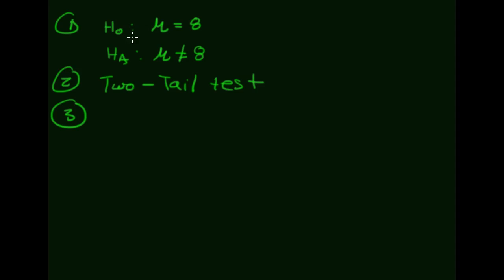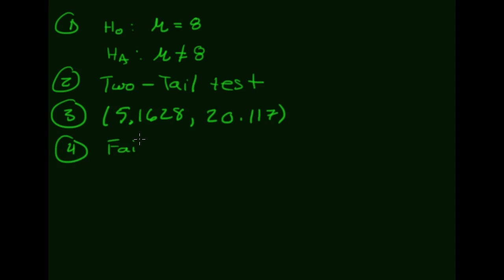Let's transfer that number over and see how well that works against our claim. The interval we got here was 5.1628 to 20.117. We fail to reject the null because 8 is on that interval.